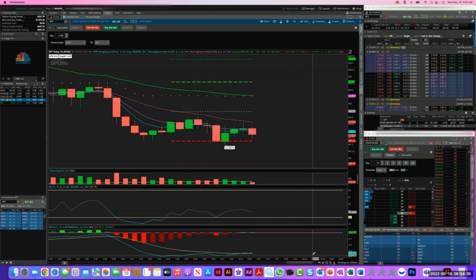So the 5-day is crossing the 50 to the downside, and that would indicate bearish. So we've got this consolidation.